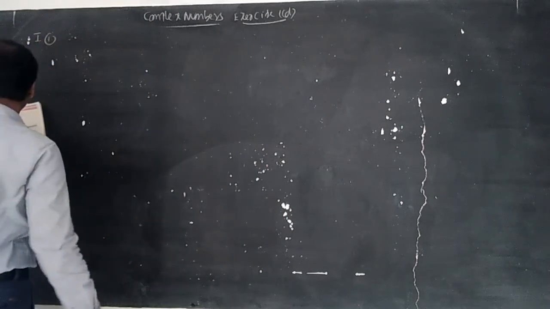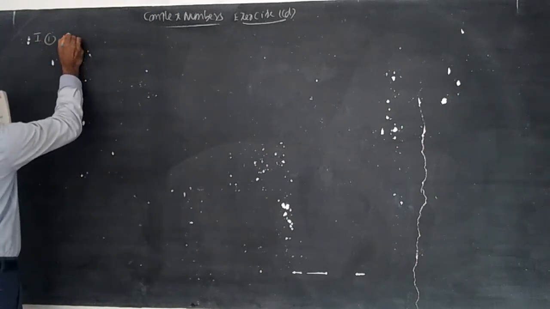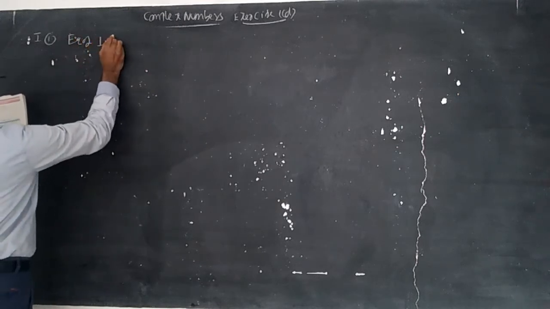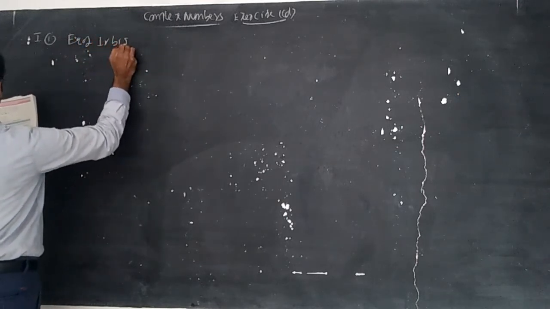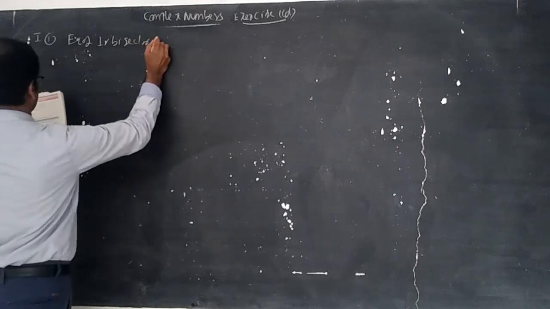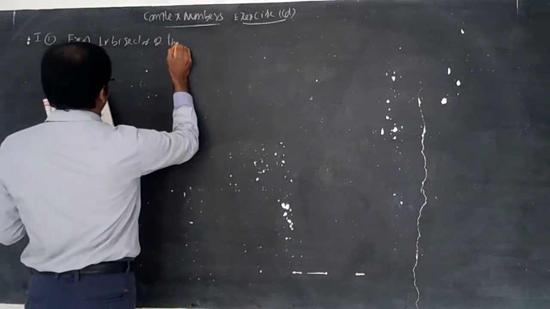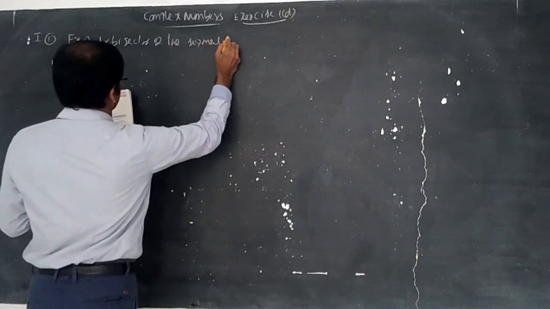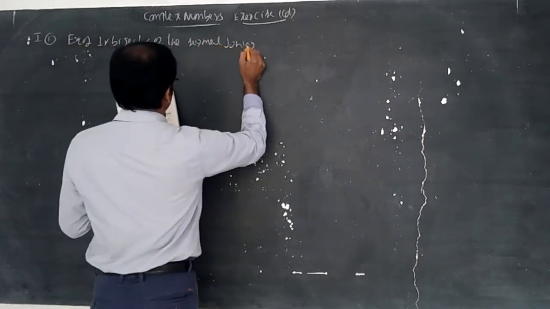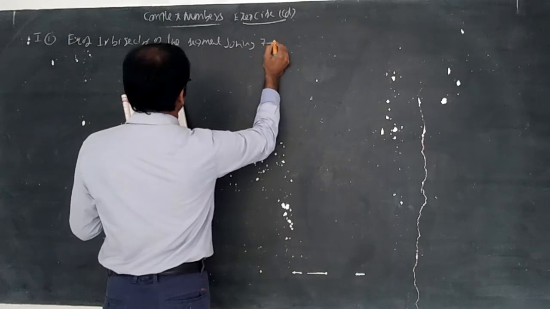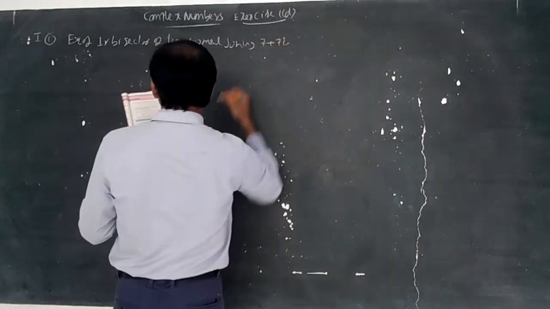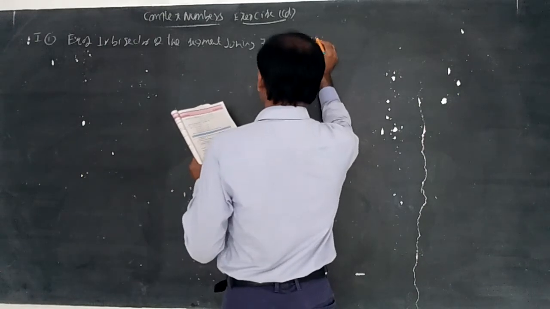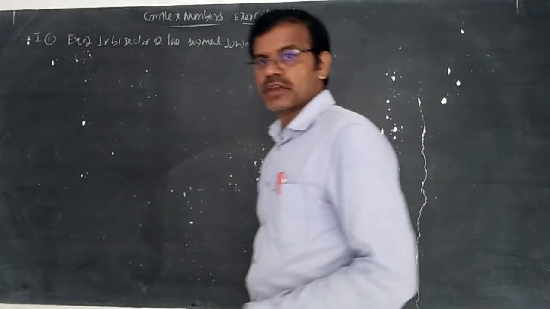Find the equation of the perpendicular bisector of the line segment joining 7 plus 7i and 7 minus 7i in the Argand plane.